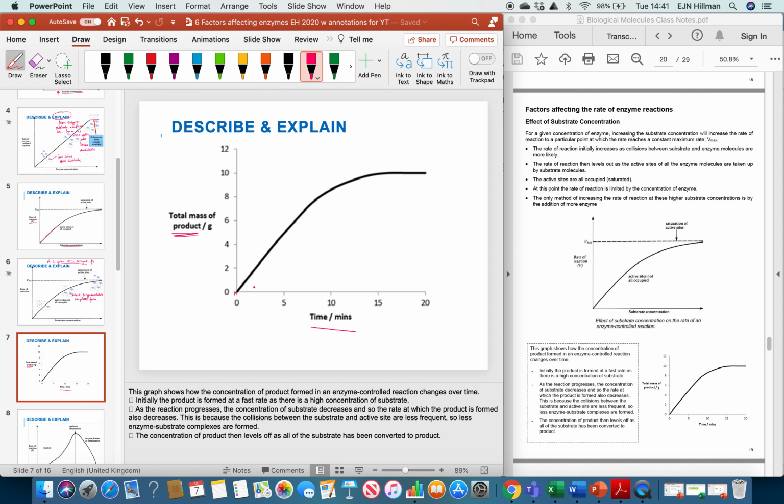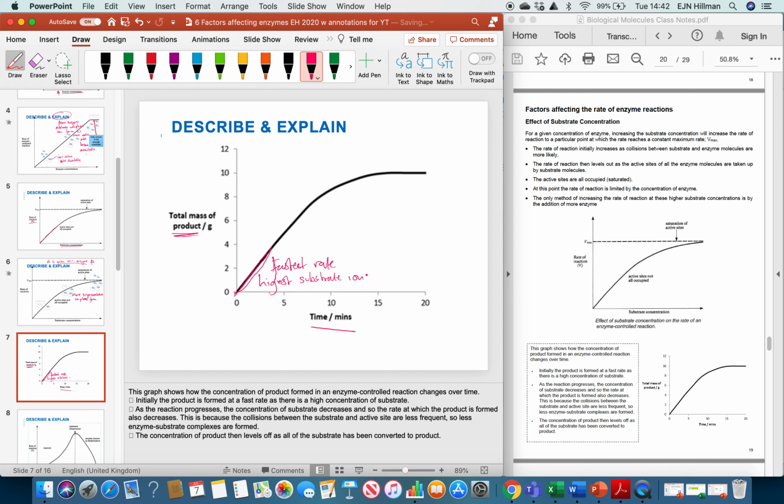So initially, the product is formed at the fastest rate. So you can see in this initial period is the fastest rate. And if you think about that, that is because it's during this initial period when the substrate concentration is at its highest.